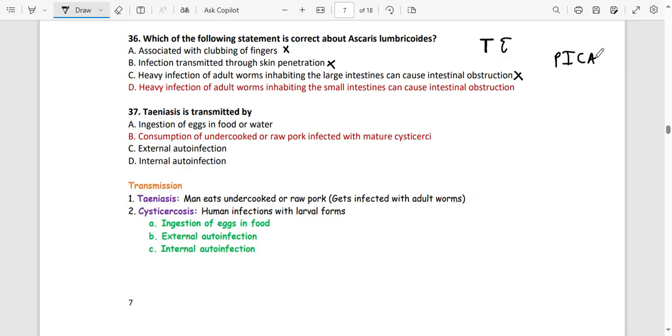Pica is just that pulling force to eat non-food substances like soil. It happens mostly in the pregnant, women, and they have higher chances of getting Ascaris because of loving to eat soil. Even children, because we also used to eat soil when we were children.